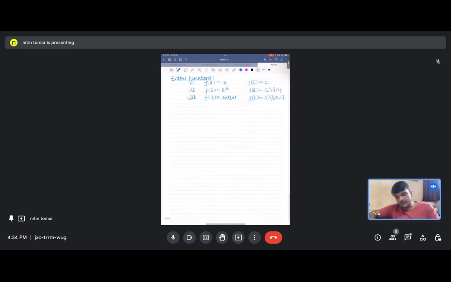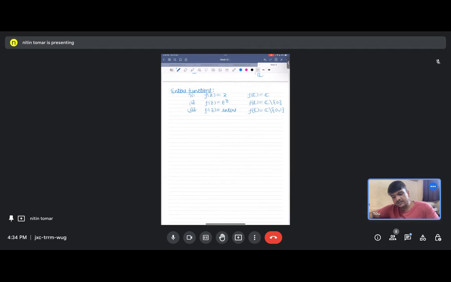So what do I want? I want an entire function such that it is omitting exactly 2 points, right? So Little Picard theorem will say, what will Little Picard say? That f is constant, right? Yes or no? Yes sir.